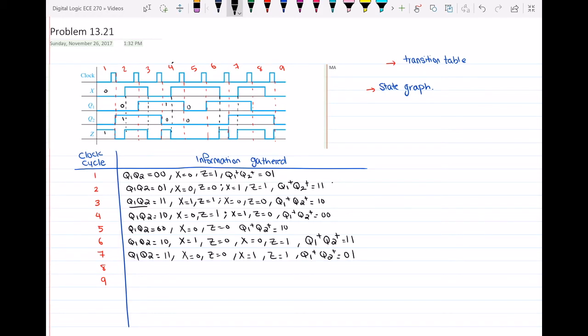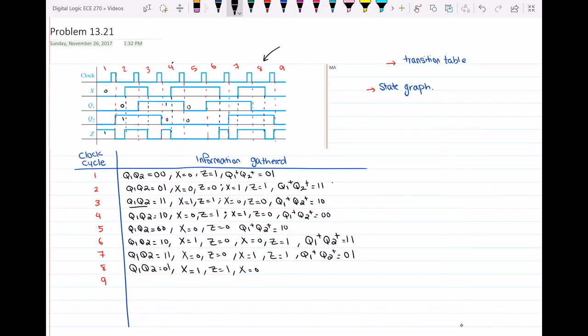Okay, then we go to the 8th cycle. Q1, Q2 at the 8th cycle, which is here, is equal to 0, 1. In the 8th cycle, X is also changing in between. X was equal to 1 at the beginning of the cycle, and Z was also equal to 1, right? Then X changes to 0.